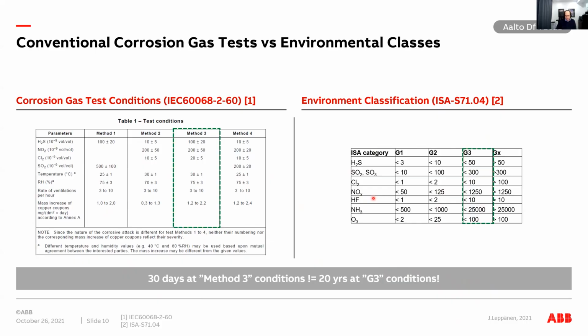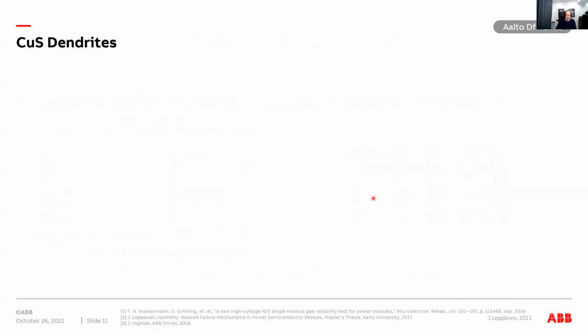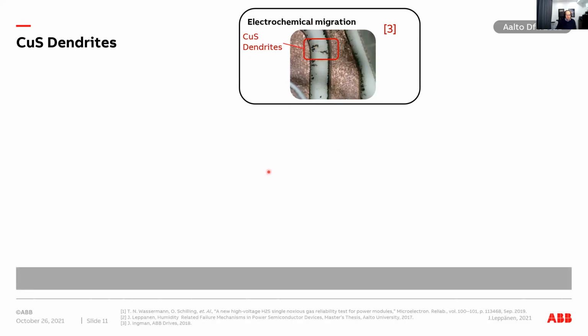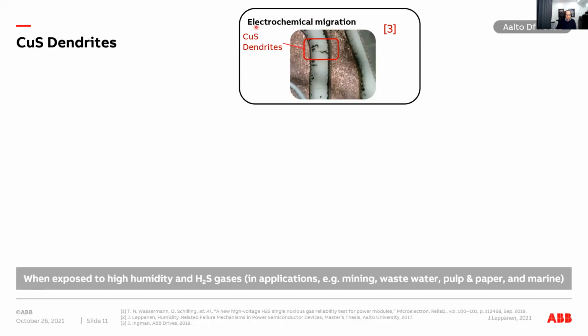In the next slide, there is evidence to support that a little bit. I already reminded you a couple of times about this copper sulfide dendrite growth, which we can see in these isolation trenches between the copper traces in the package. This is really common in applications such as mining, wastewater, pulp and paper, and marine industries, and so on.